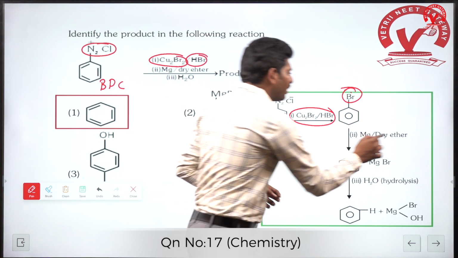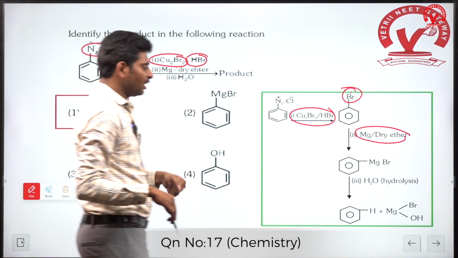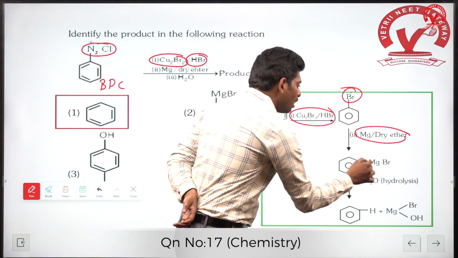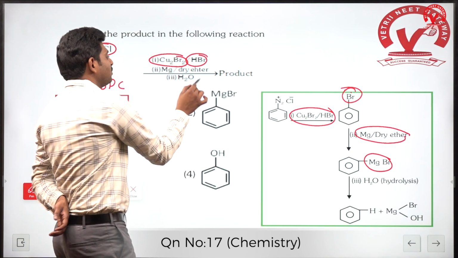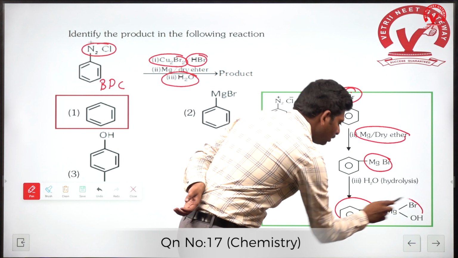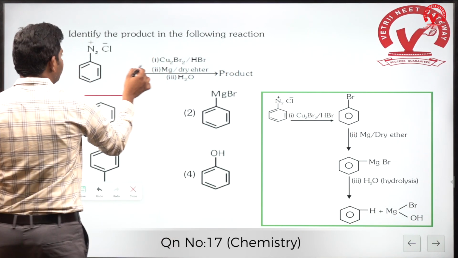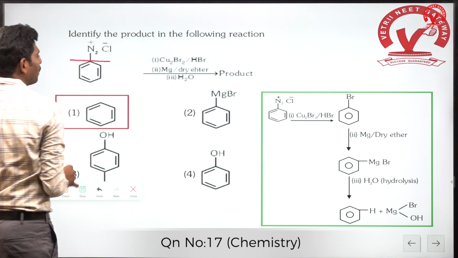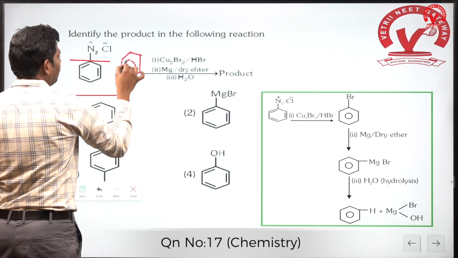Then it reacts with magnesium in presence of dry ether, second option. So then it will give the MgBr, magnesium bromide. Then on hydrolysis, it will give the hydrogen and MgBr. Simple. So first benzene diazonium chloride is converted into phenyl bromide like this.